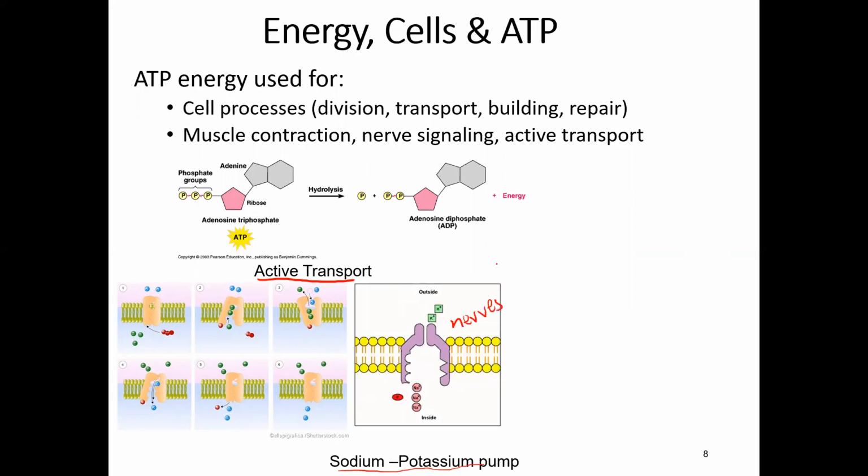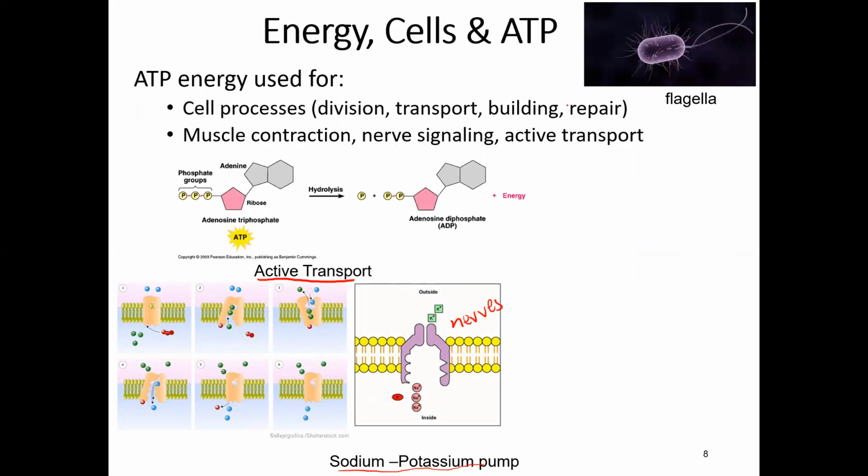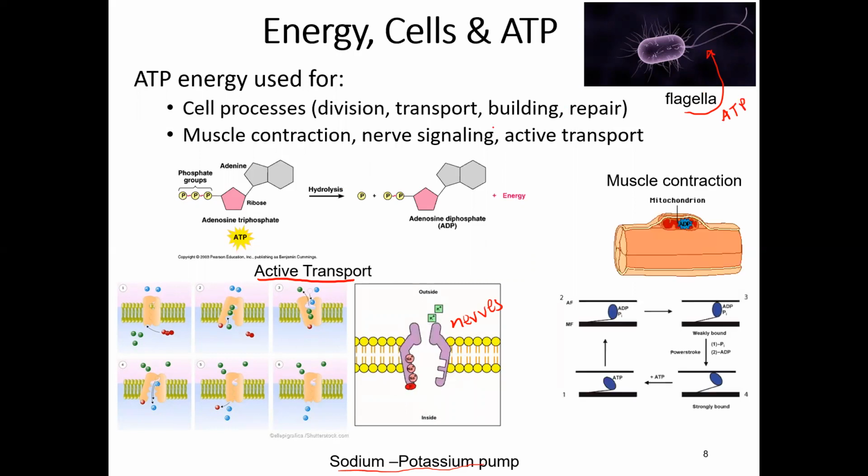This bacteria's flagella is fueled by ATP, as are sperm cells. And we've learned about muscles before, the myosin oars; ATP allows the oars to be released, and that powers up a muscle cell.